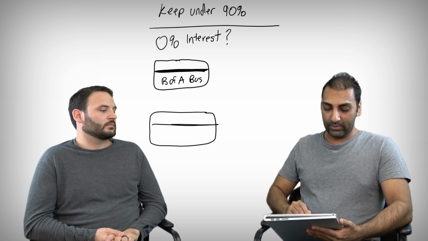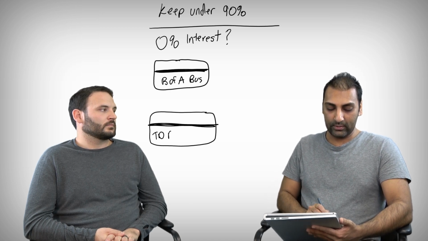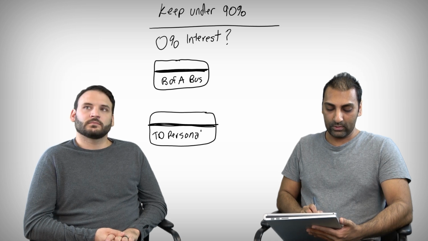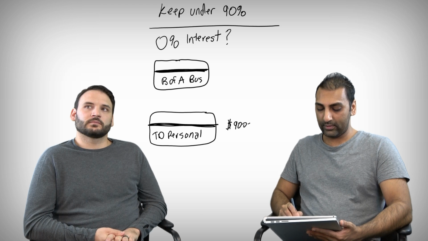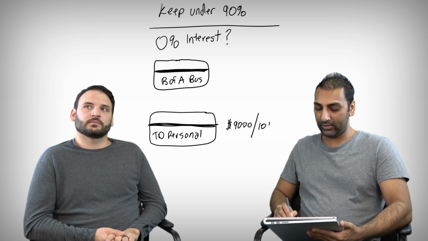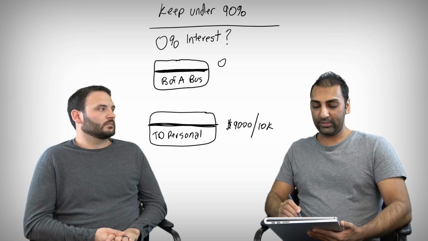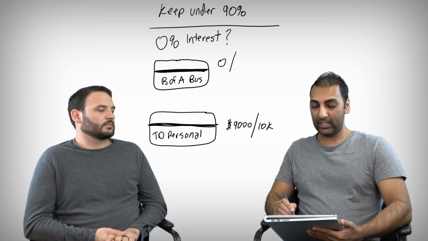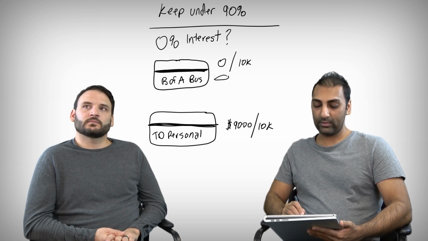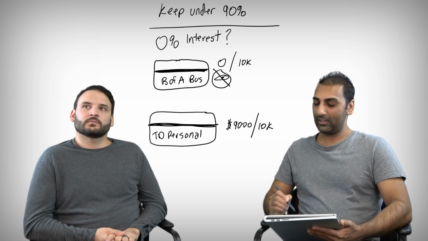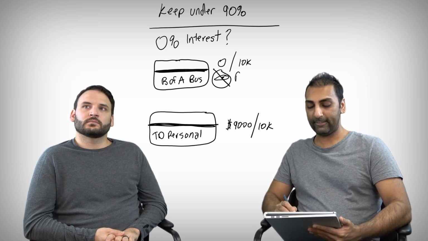On this side, they have a personal, let's say TD Bank card. And this one has a $9,000 balance on it out of 10,000. And this one has zero balance out of 10,000. But this one is completely invisible. That's my version of an I, by the way. On your personal credit report, right?